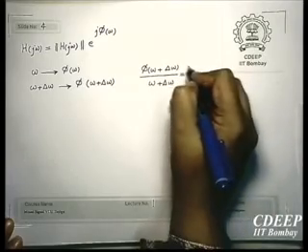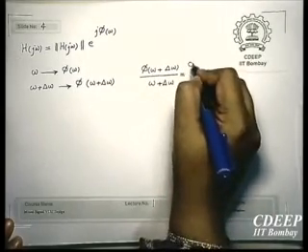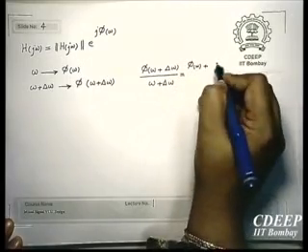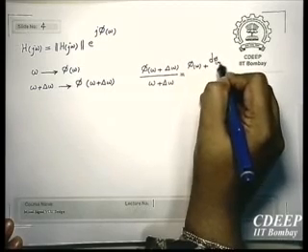Because this is phi omega plus delta omega, I will use an expansion around phi omega, first order only.